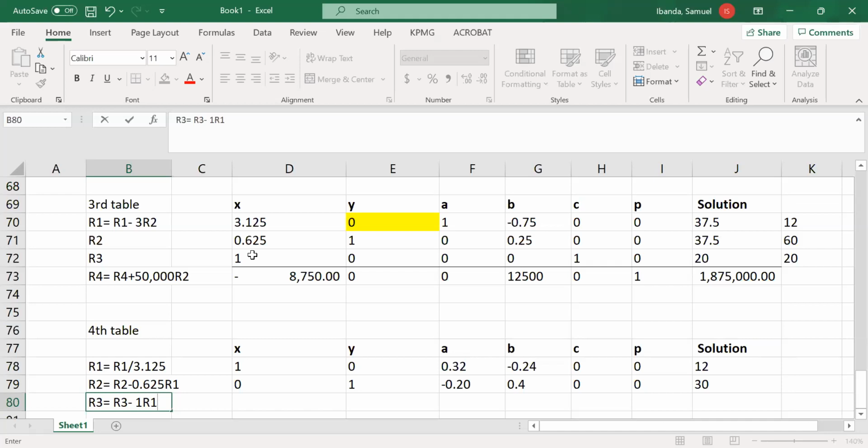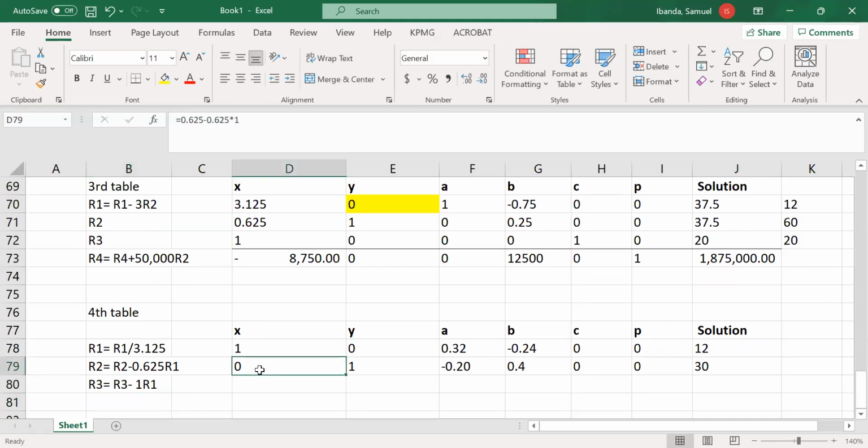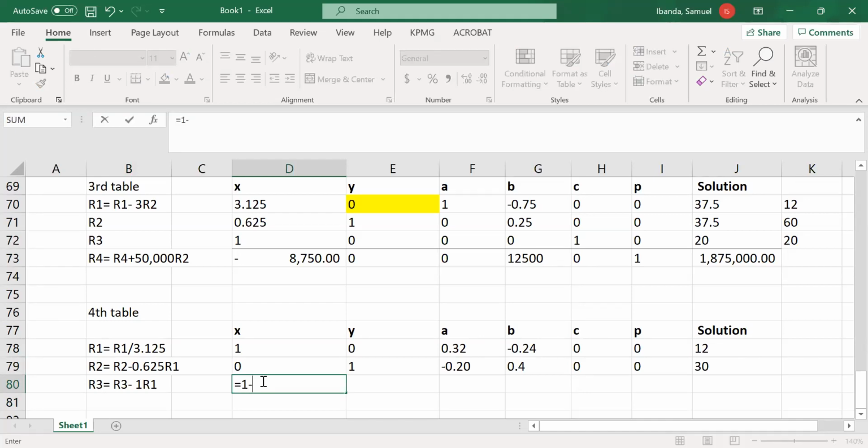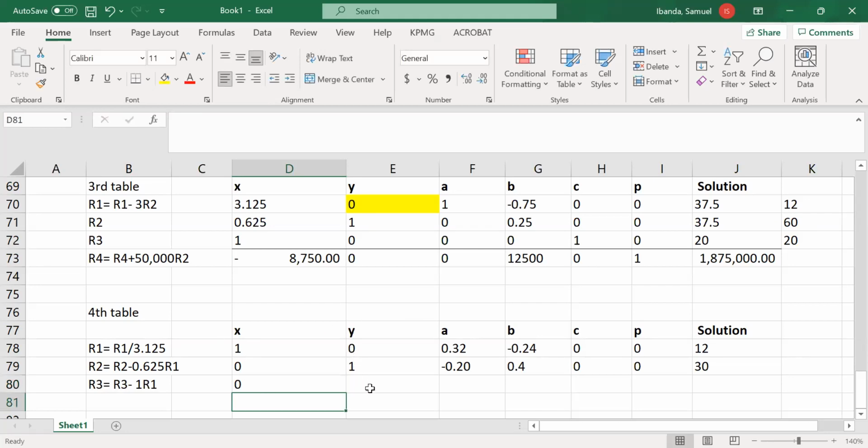That is what we basically have. So it's basically R3 minus R1, but just for you to understand the concept. So this one will become 0 automatically because it will be 1 minus 1 times 1, which gives me a 0.